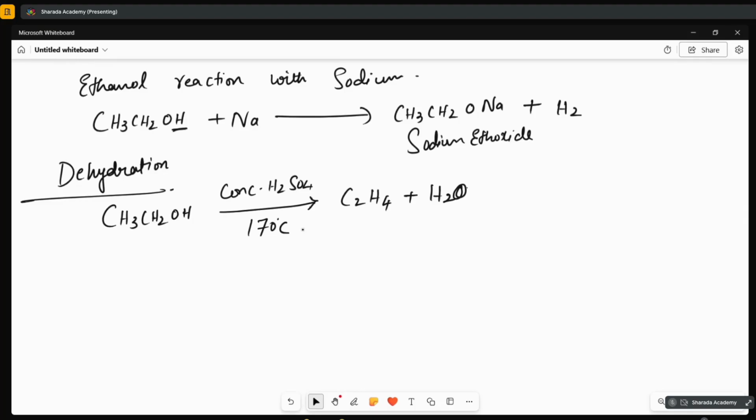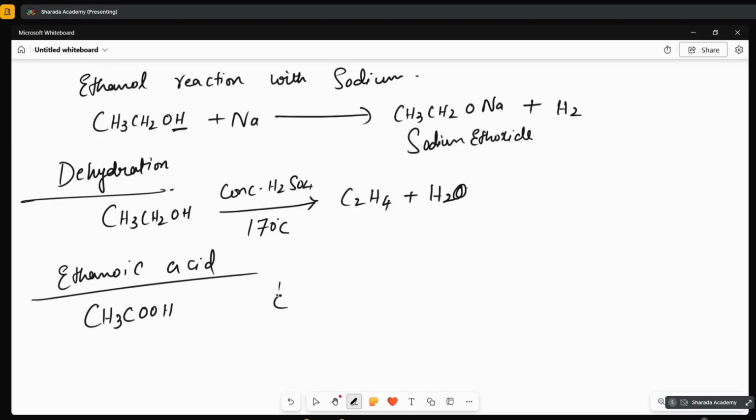Next, ethanoic acid. What is the formula for ethanoic acid? CH3COOH. This is ethanoic acid.